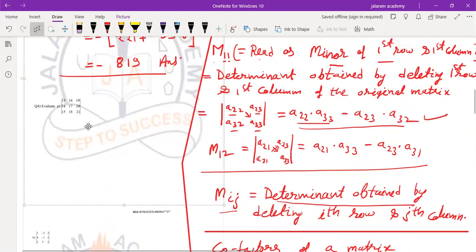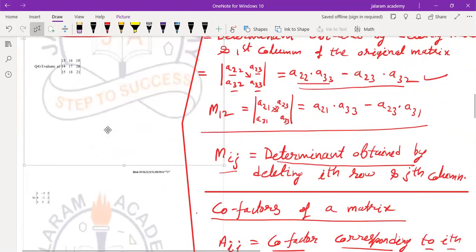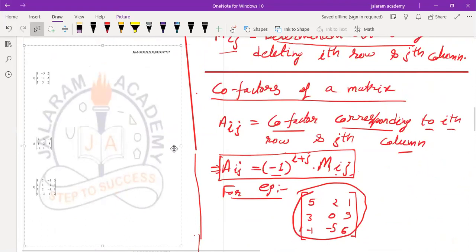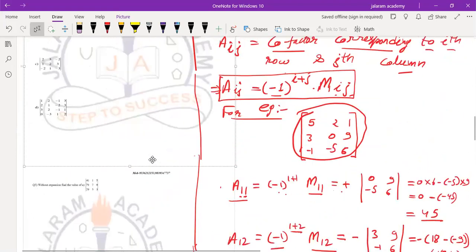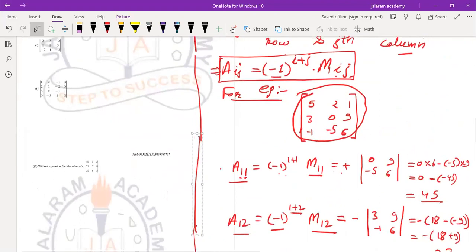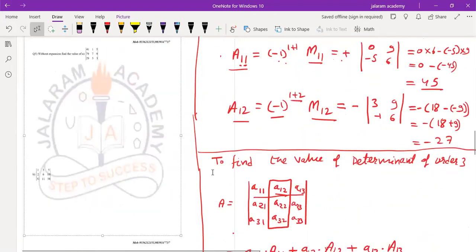In this session, you have to find the value of 4a, 4b, 4c, 4d, which are determinants of order 4 cross 4. So try for it. Otherwise, we will discuss it in the next session.